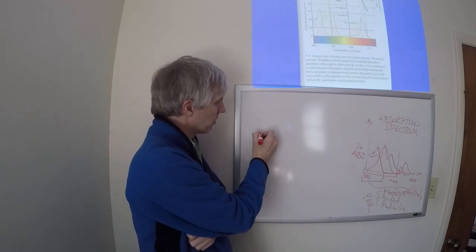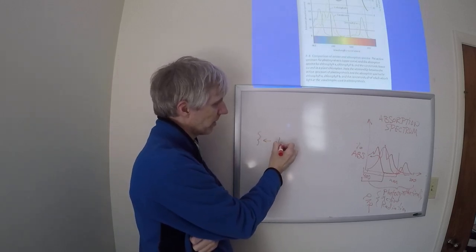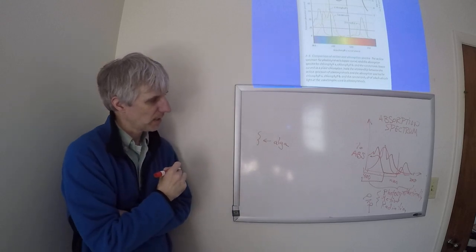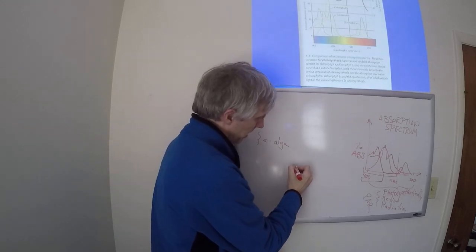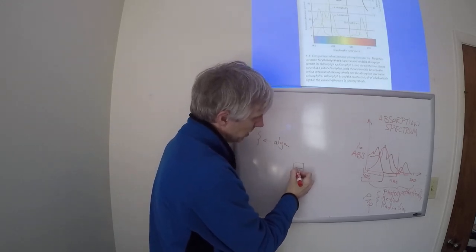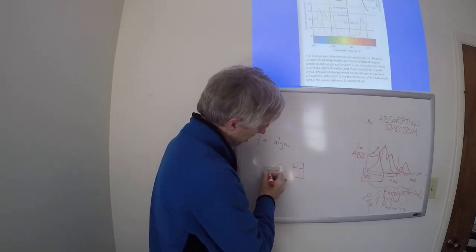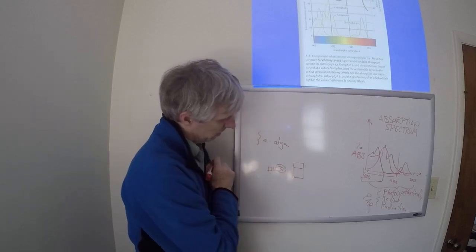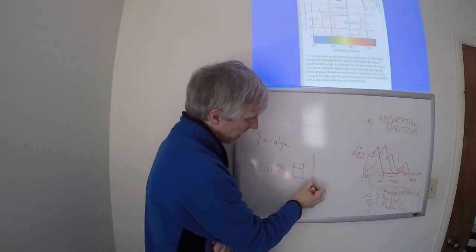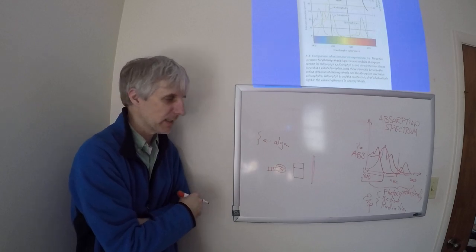So what I'm going to do is take a little alga here, okay, and I'm going to take this alga and I'm going to put it into my little cuvette. And I'm going to put it in a spectrophotometer. Okay? Still has that plate behind it.